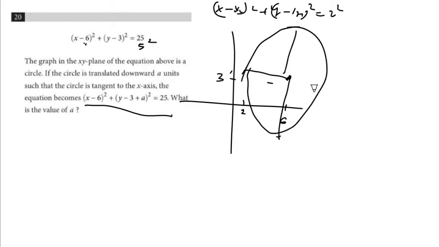It says that it's being translated downwards so that the circle becomes tangent to the x-axis. Can it be tangent to the x-axis if it goes down? No. Then this one will be. Okay, let's redraw a line here. So this becomes tangent.